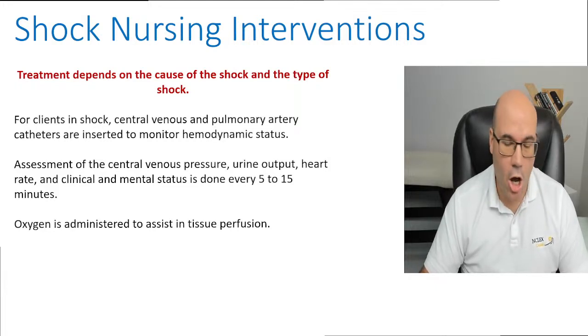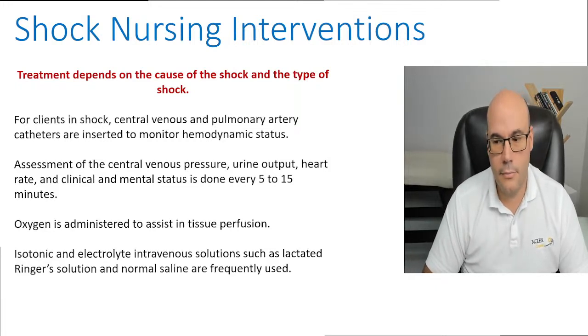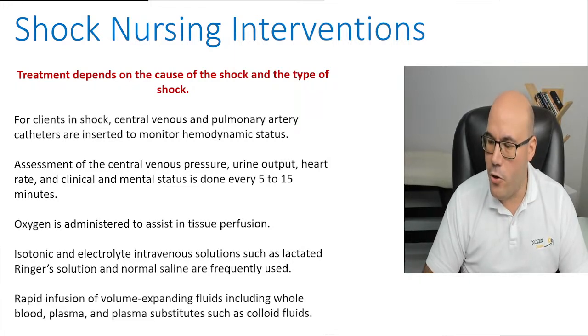In some of the shocks, isotonic electrolyte intravenous solution, such as LR or normal saline, is used frequently. Rapid infusion of volume expanding fluid, including whole blood, plasma, plasma substitute, such as colloid fluids.